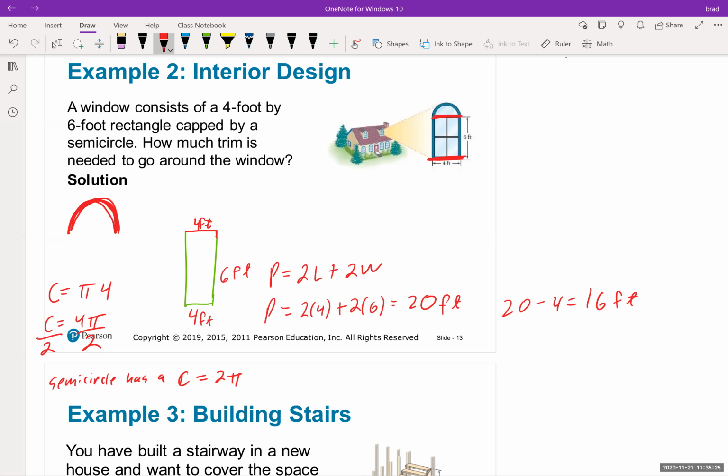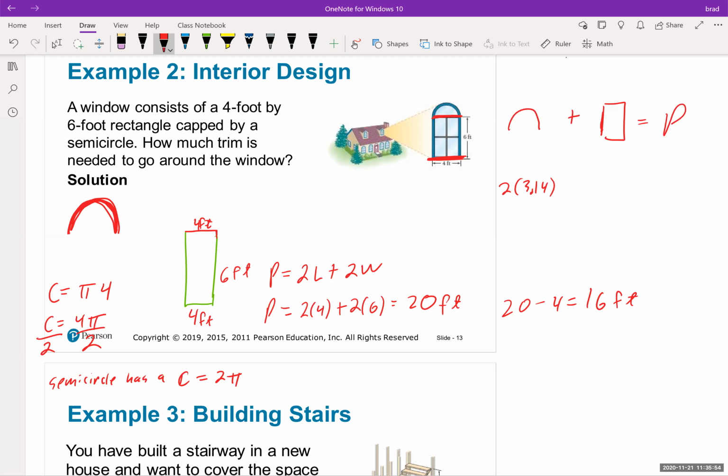So what I'm going to do is semicircle plus rectangle equals perimeter. So perimeter equals, now the semicircle has 2 times 3.14. That's the common value we use for pi, even though pi is an irrational number, a never-ending, non-terminating decimal that doesn't repeat itself.